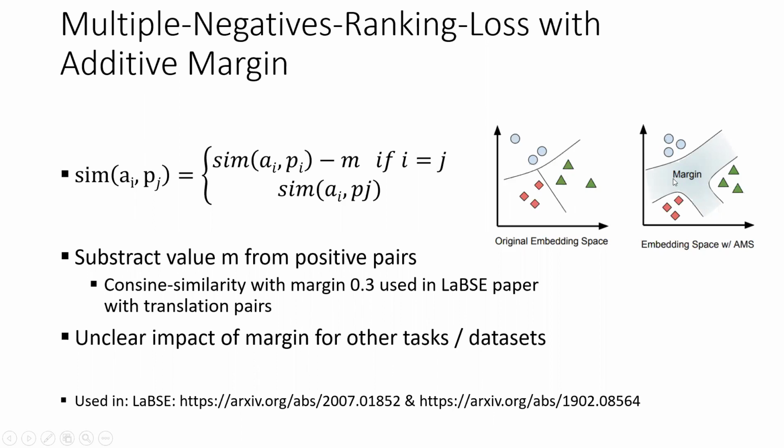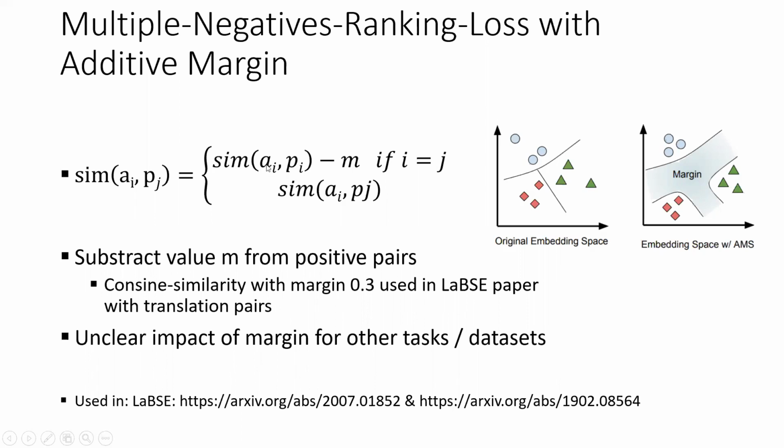But what they want is a larger margin between these clusters so that they are better separated in the vector space. So they modify the similarity function. For the positive pairs, they subtract some margin. They take cosine-similarity and then subtract 0.3 for the positive pairs.